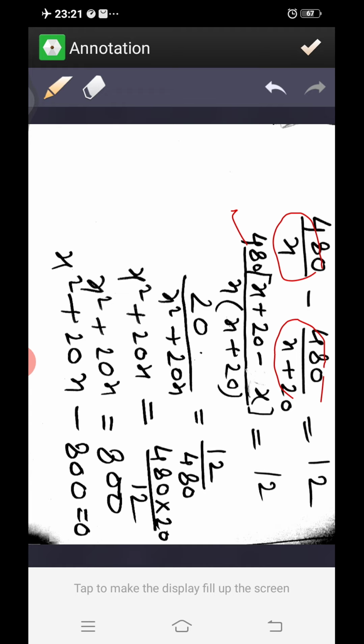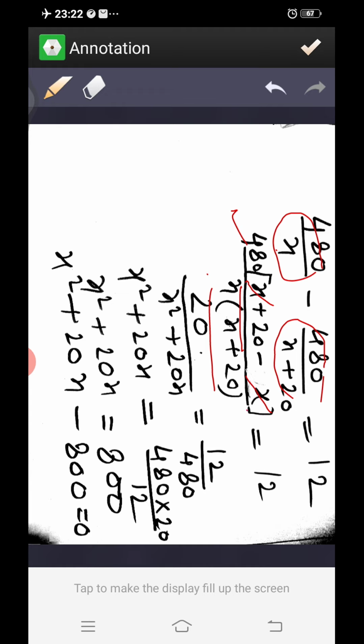Then the LCM will be x into x plus 20. Solving, x divides x into x plus 20, x cancels, first we get x plus 20. Then x plus 20 divides x into x plus 20, so we get only x. So here we write x. This plus x and this minus x both cancel.